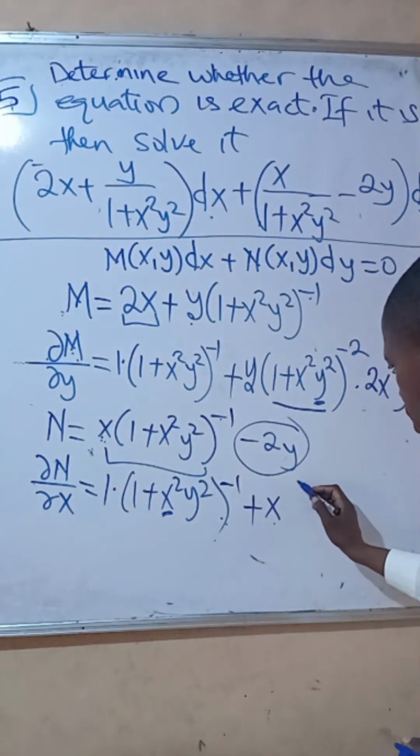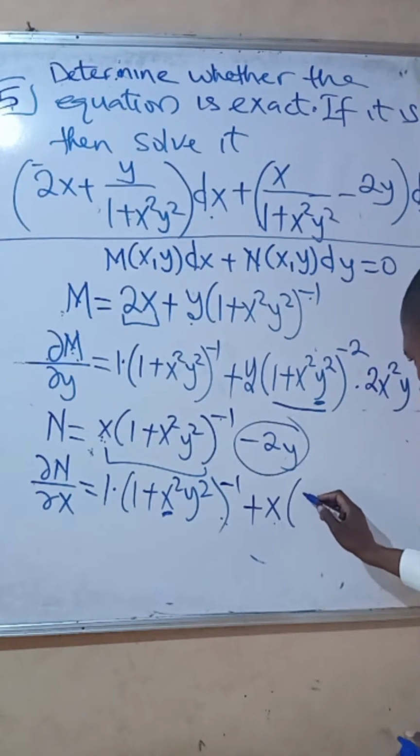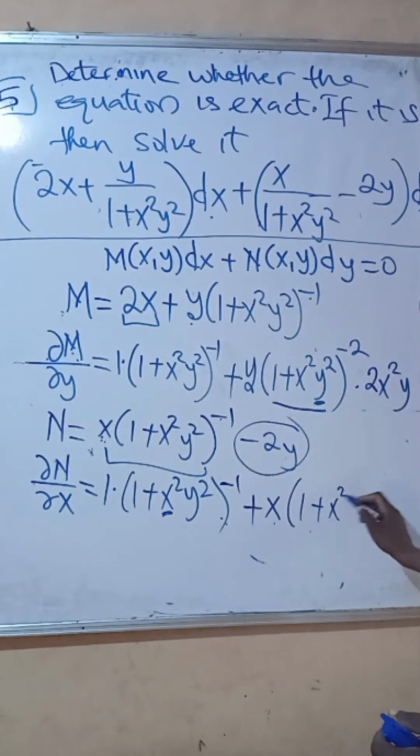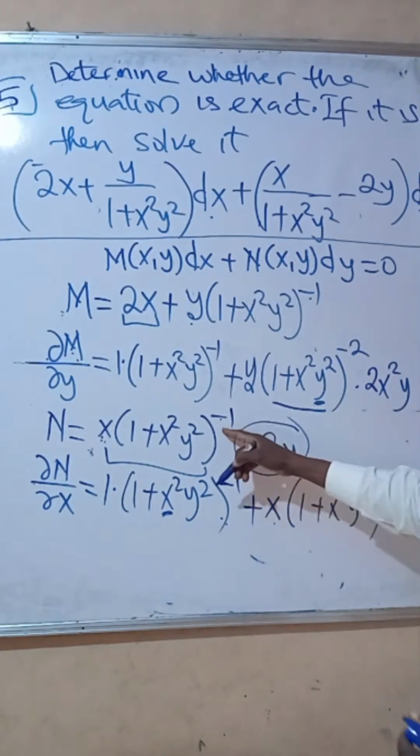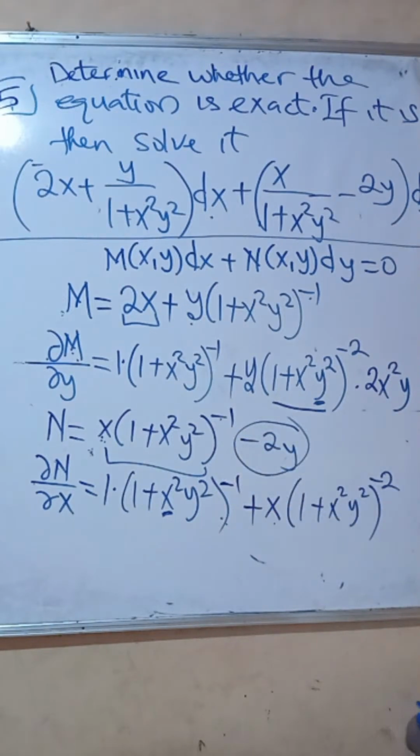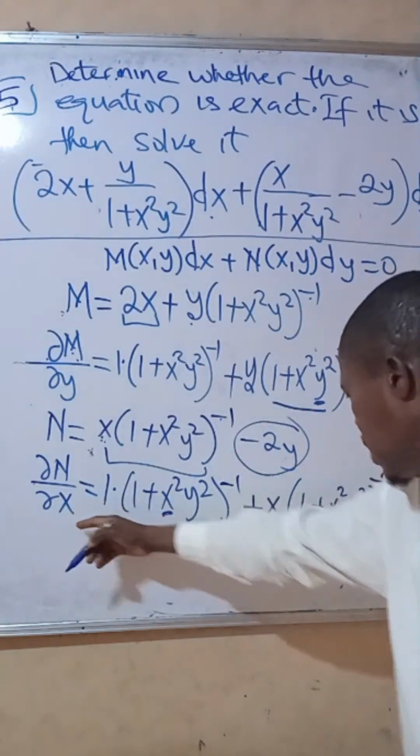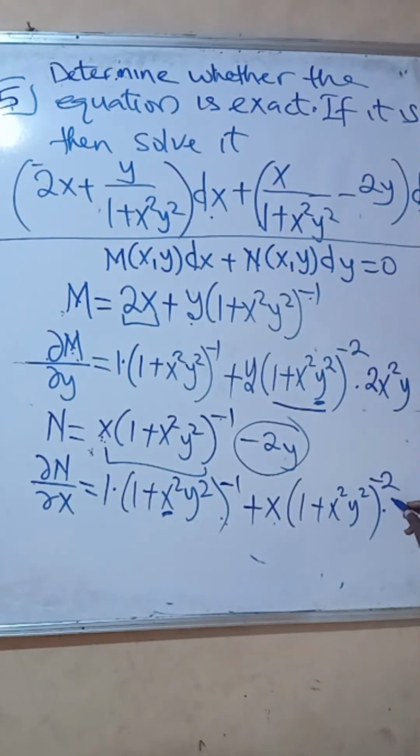That'll be equal to 1 plus x squared y squared, the power minus 1, that's minus 2, then times the derivative of the composite function with respect to x, times 2xy squared.